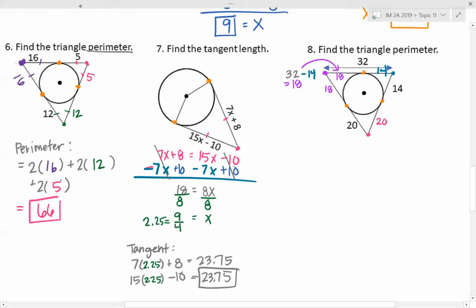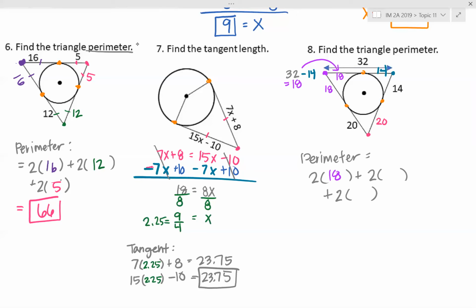Okay. So from there, looking at our perimeter, we have two times 18 plus 2 times 14 plus 2 times 20. And so if we calculate that out, that gives us a perimeter of 104.